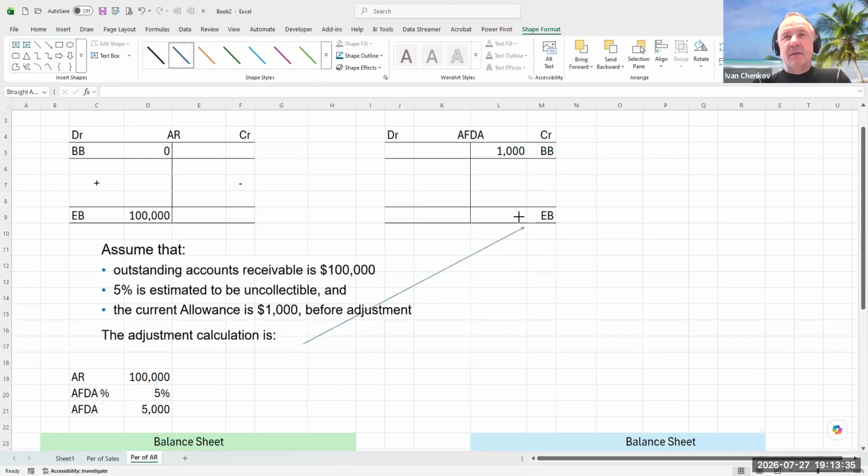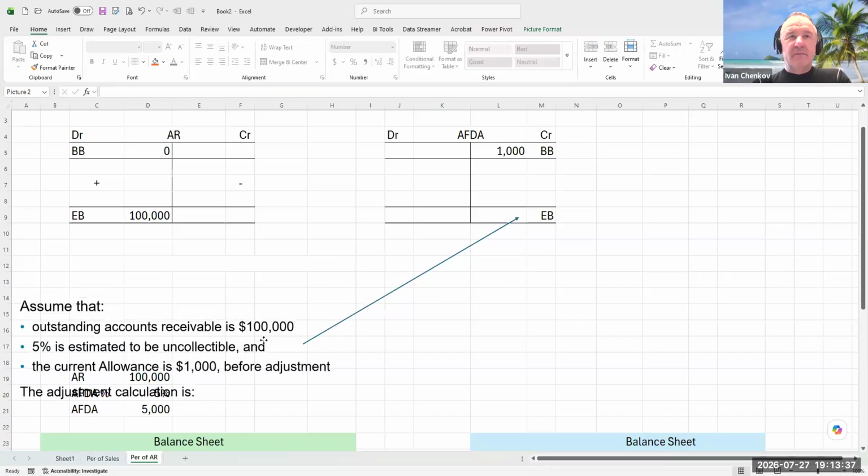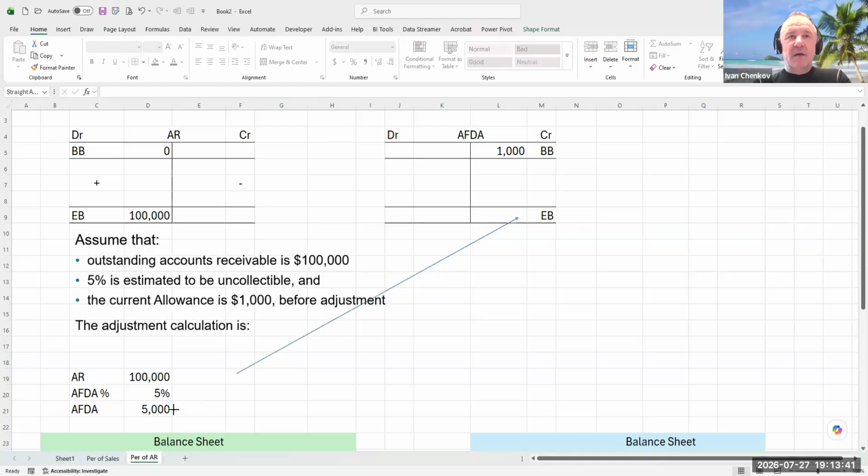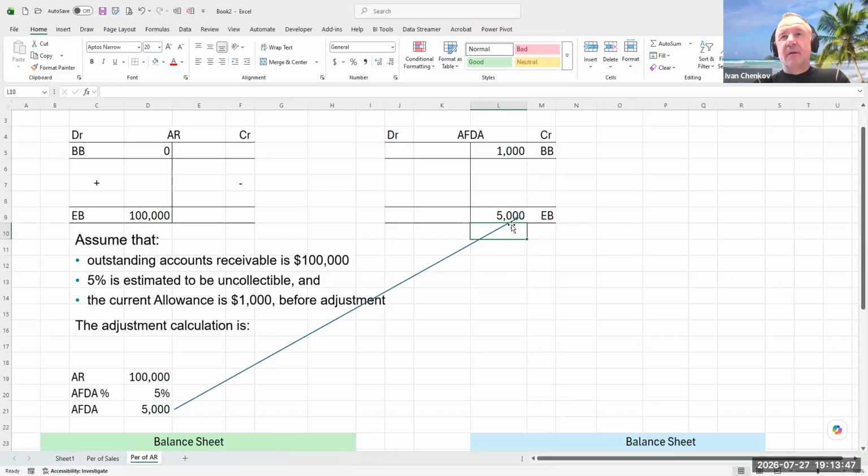So once I get this balance, $5,000, that will become my balance, which I have to plug right here. So I have my ending balance through this method. Now I have to make adjustment entry to adjust my current balance from 1,000 to become 5,000. The question is, how can I do that?